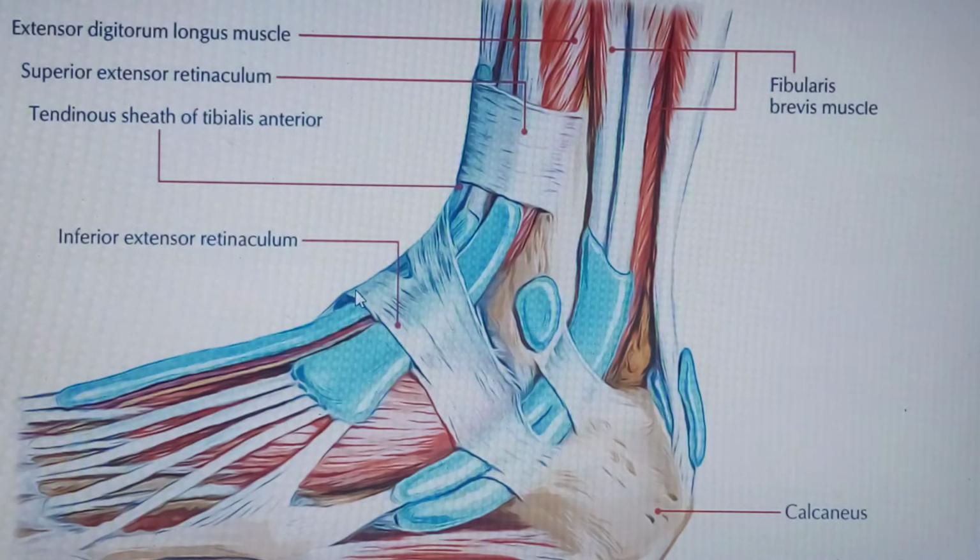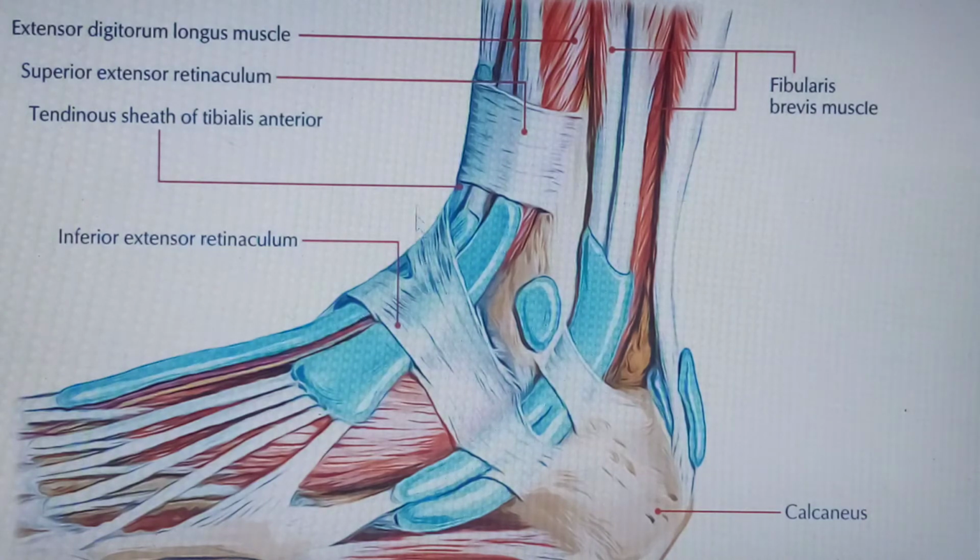We will look at that one. And then this one will insert onto the medial malleolus. Now this is the lateral malleolus because it is related to the fibula. The medial malleolus will be related to the tibia, so that's where it's going to.